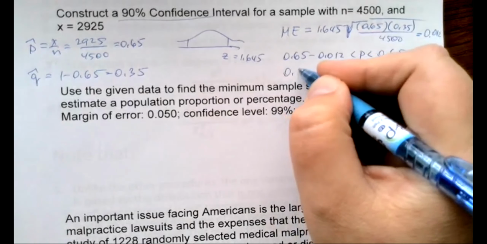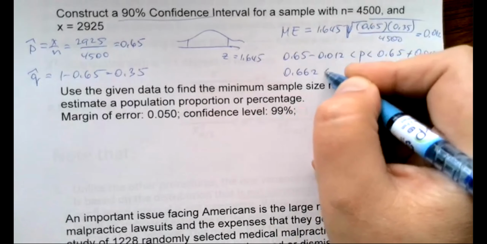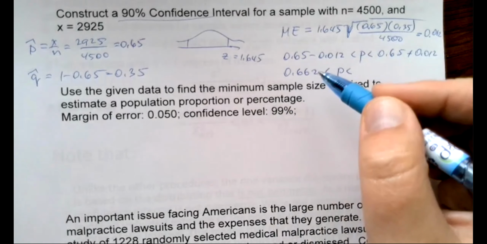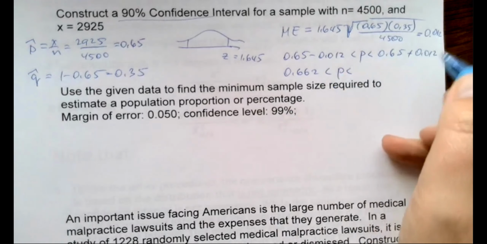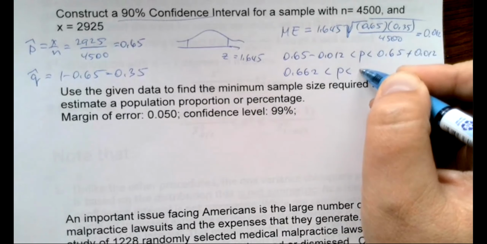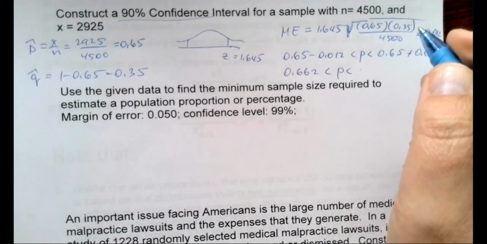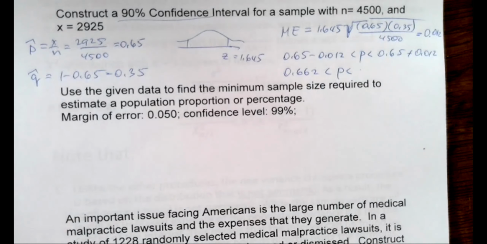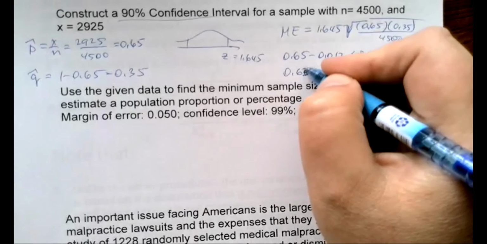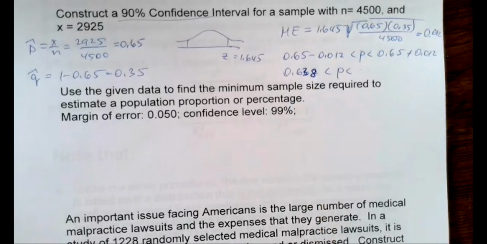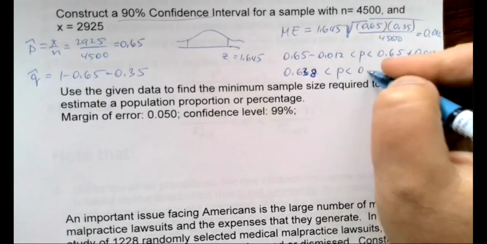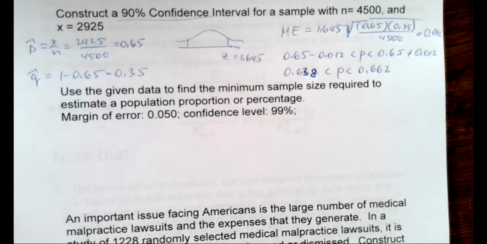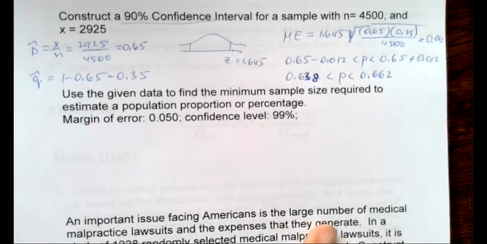We have 0.662 on the left, for the lower bound, and, oh, I added instead of subtracting. Okay, 0.638 for the lower bound, and 0.662 for the upper. All right, so that's another example.